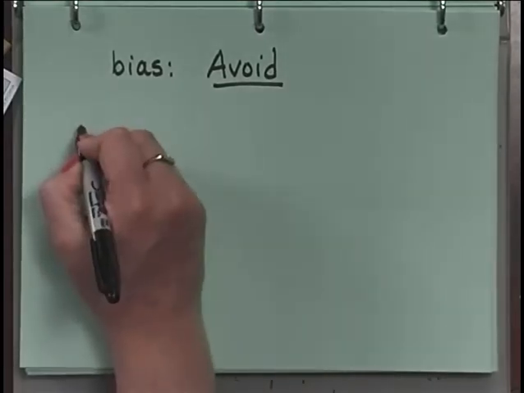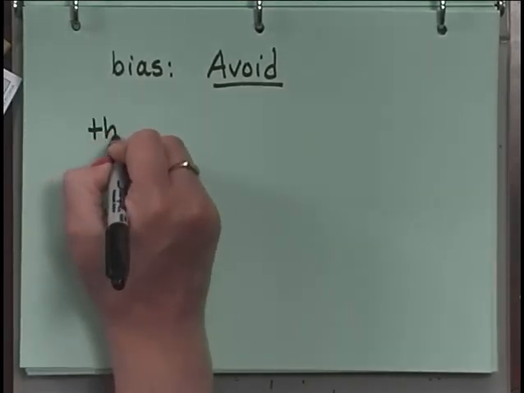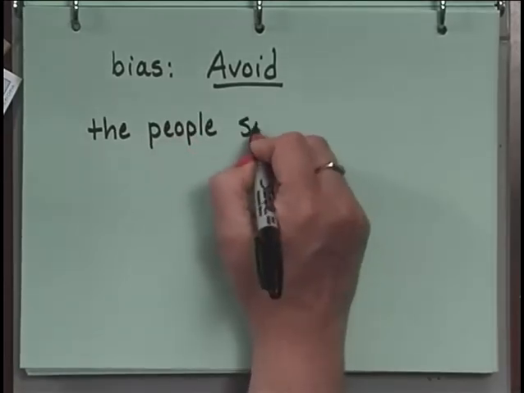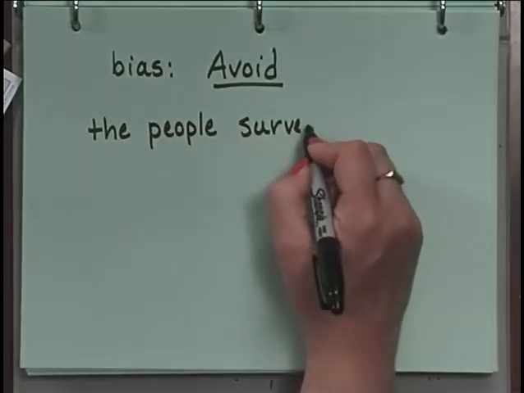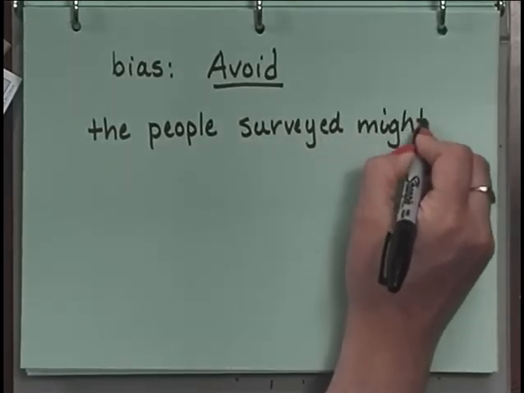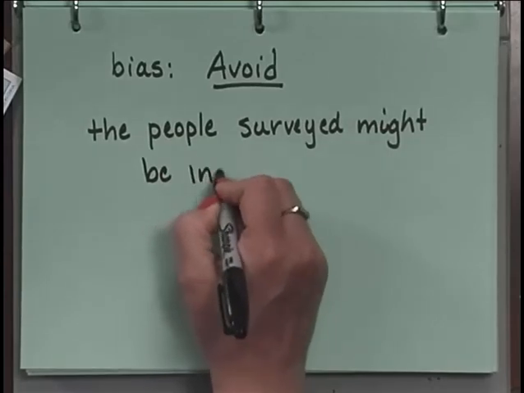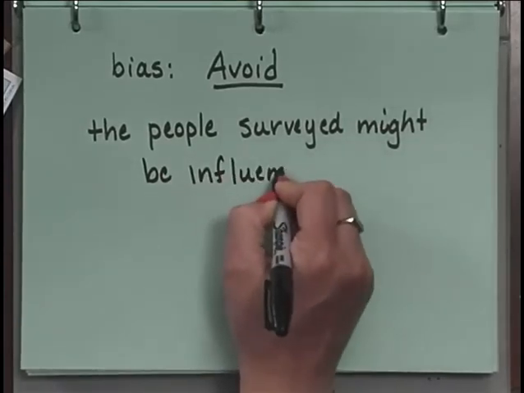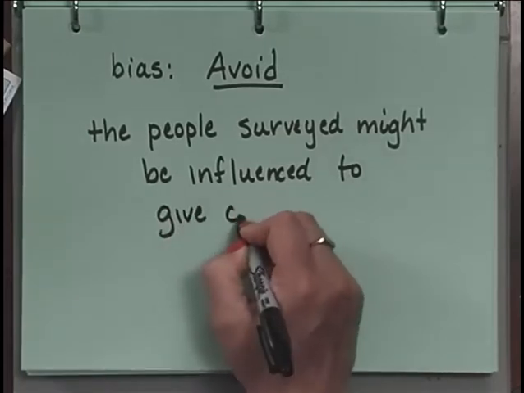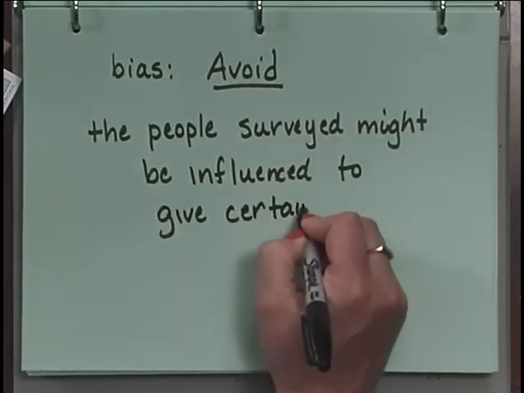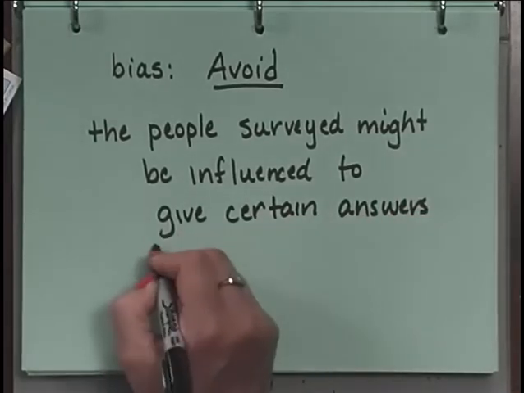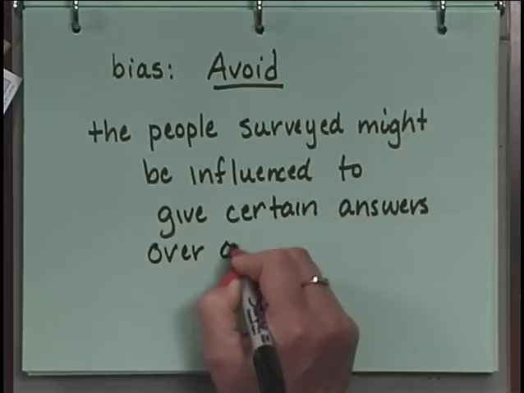When a survey is biased, the people surveyed might be influenced to give certain answers over other possible answers.